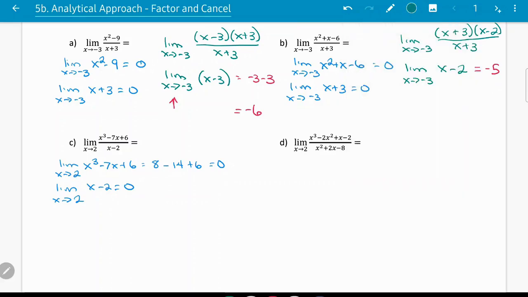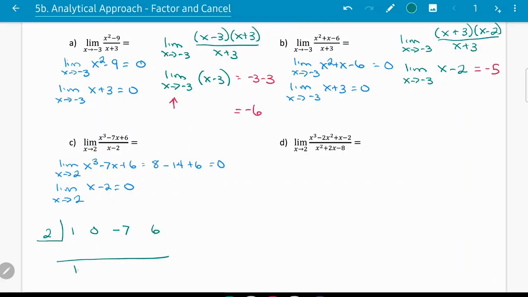And so we're going to begin the factoring and canceling, except I don't recognize how this would factor easily. So I'm going to use synthetic division. I know that 2 is what makes this equal to 0. My coefficients are 1, I have a 0 for x squared, -7 and 6.